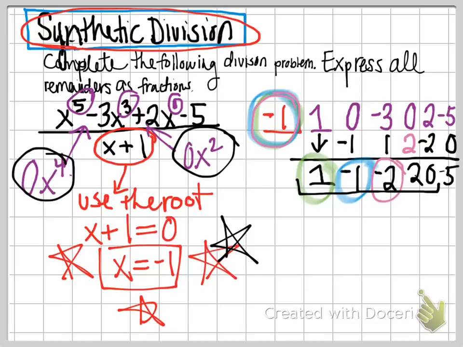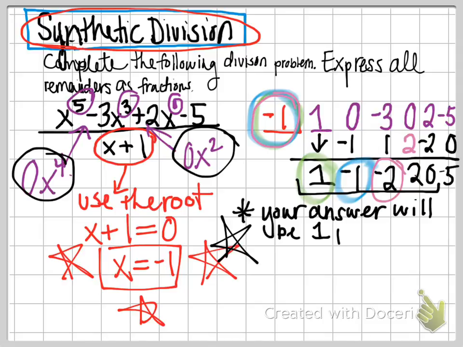So realize that when you do this, your answer will decrease by the power you divided by.